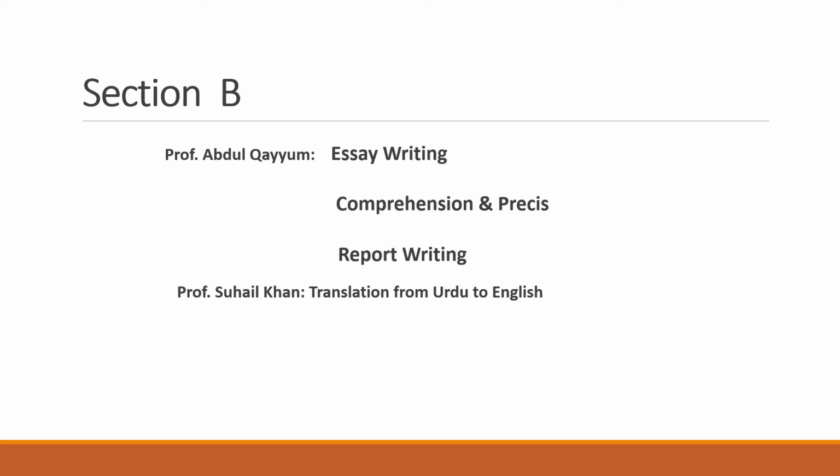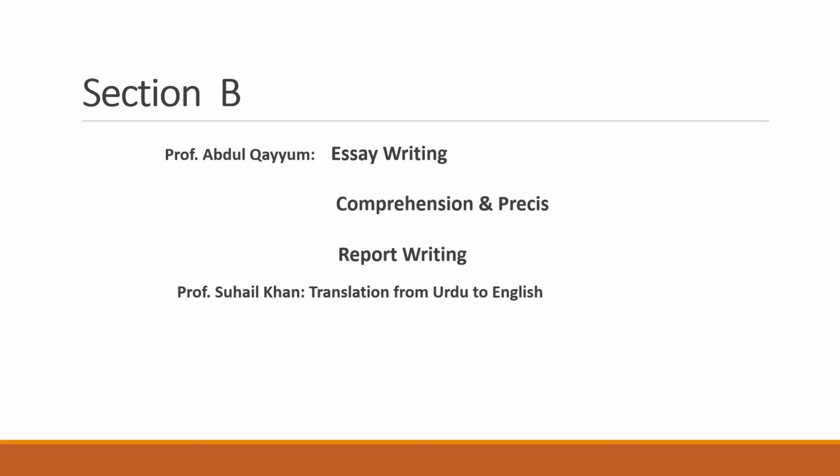Section A is based upon the textbook, which contains 20 essays, and there would be 4 questions from the textbook, out of which you have to attempt 2. Each question has 2 parts, part A and part B. Part A has 15 marks and part B contains 10 marks, thus each question makes 25 marks, and attempting 2 questions makes 50 marks.